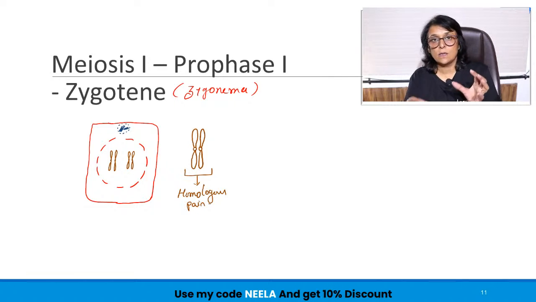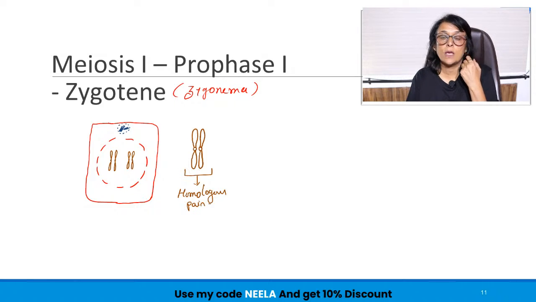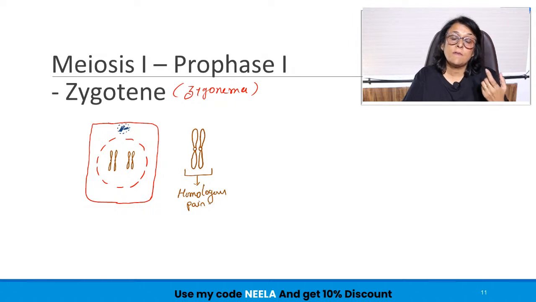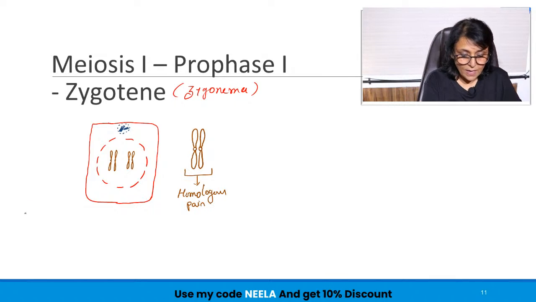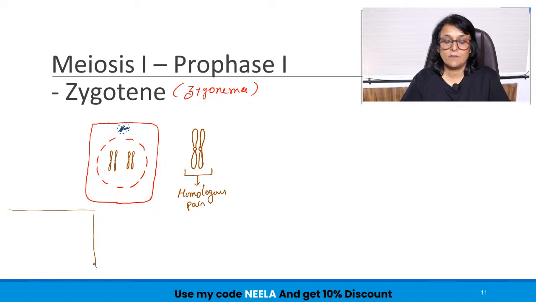Now this is a little specific terminology which I am using, but it is important because when we start genetics, at that time also we will be using these terms. So I'll give you a little description of what we mean by this homologous pair and same genes and same locus separately in one corner so that it doesn't interfere with our stage.